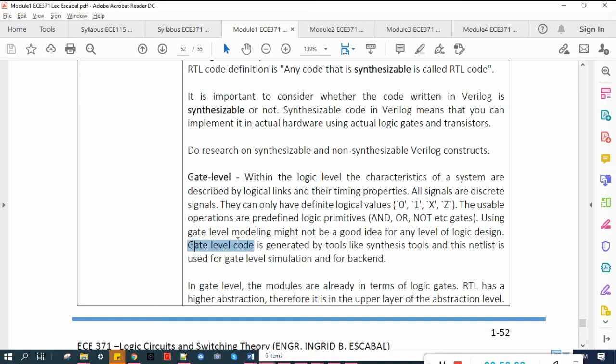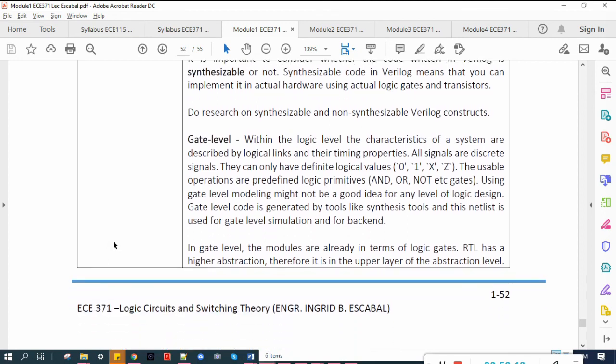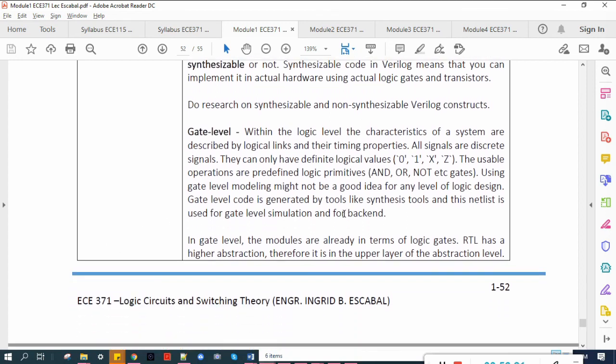And this will be used in the fabricating part, in timing verification, and it's called backend. RTL design is front end, and then there's timing verification, gate level part is back end.